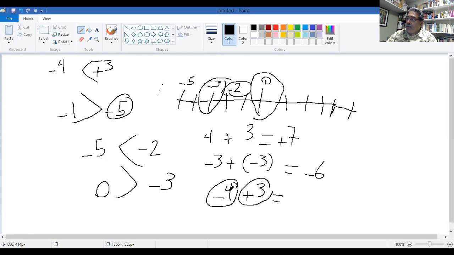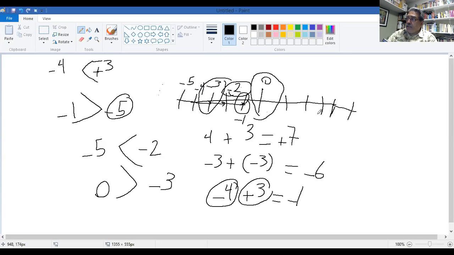You're actually subtracting, adding 3 to -4. If this is a number line, here is -4. If I'm adding 3 to it, I'm going 3 units this way. 1, 2, 3. And I end up here, which is -1. So -4 plus 3 is -1. Okay?